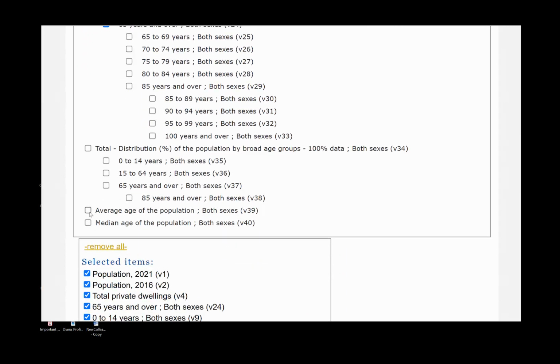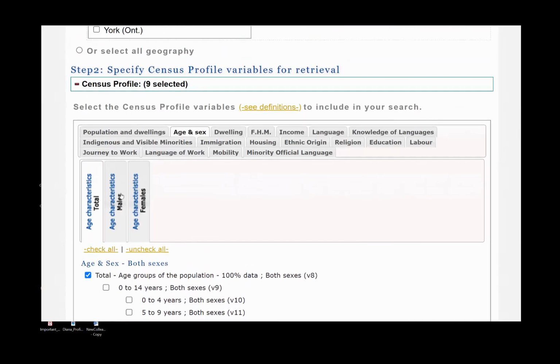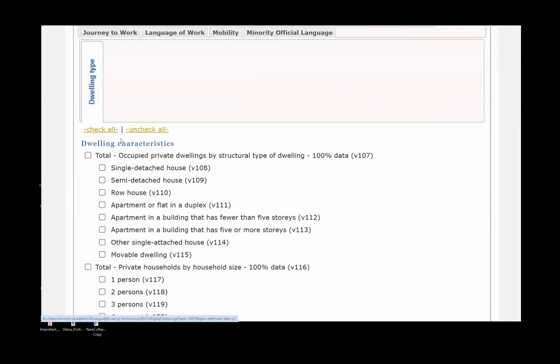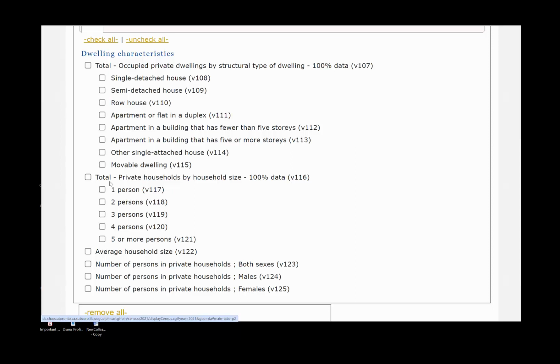You can look at, within the neighborhood or dissemination area, what is the average or the median age of the population. Some other variables that you might want to consider: take a look at the type of dwellings, number of people in private households, number of private households with 3 persons only, or average household size.